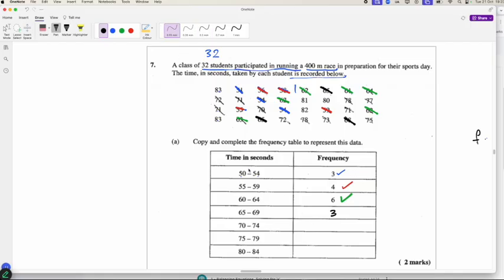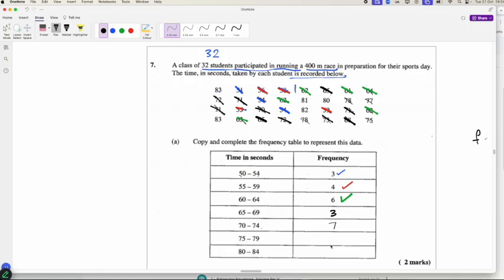Very good. 70 to 74. So that is 1, 2, 3, 4, 5, 6, 7. I'll get 7 for that one.